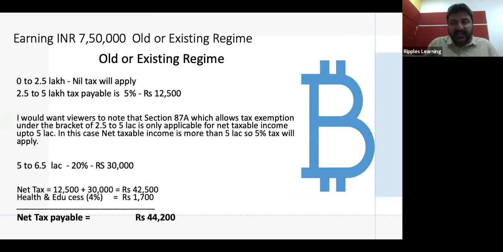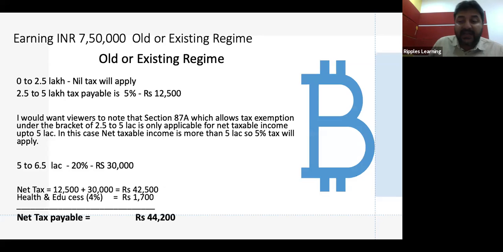Now let's start calculating. If you see 0 to 2.5, no tax. So you don't pay any tax on that slab. 2.5 to 5, the taxable percentage is 5% in the old regime. Remember, this is the old or existing regime that we are talking about. Now 87A does not apply here because the net taxable income is 6,50,000, so it is more than 5 lakhs.